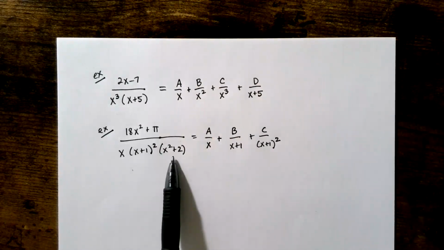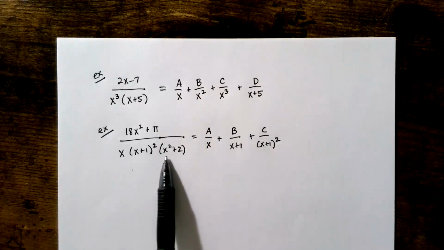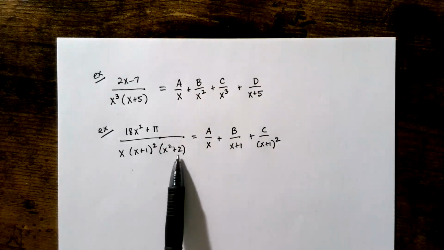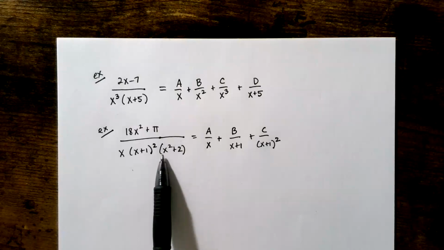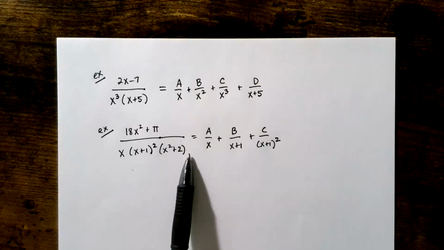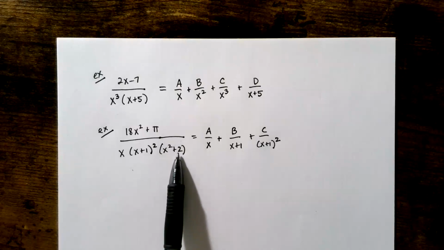And then here we're seeing our first irreducible quadratic, x squared plus 2. So this can't be factored any farther while staying in the real numbers. To double check that, if you're not sure, x squared plus a number is always irreducible for these purposes. But if it's a full quadratic and you want to check, you could throw it into the quadratic formula.